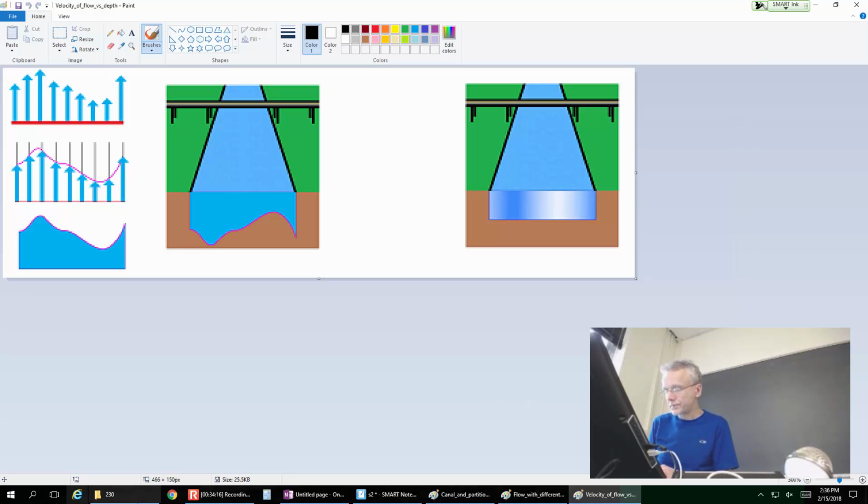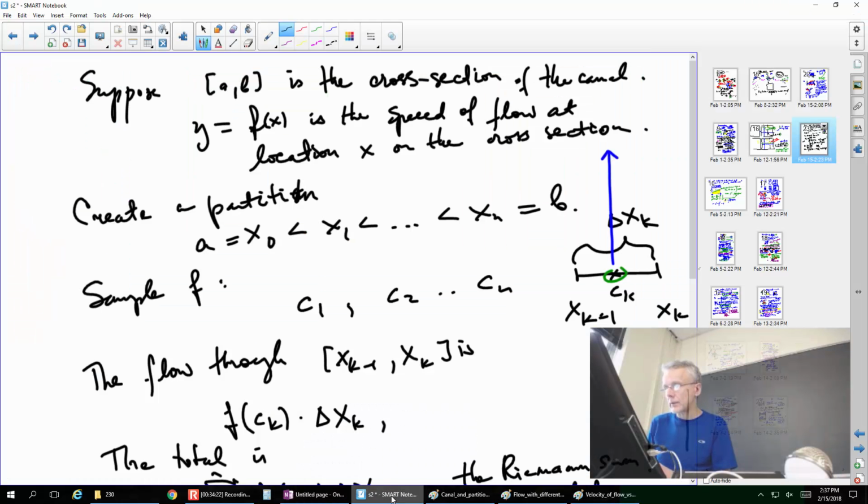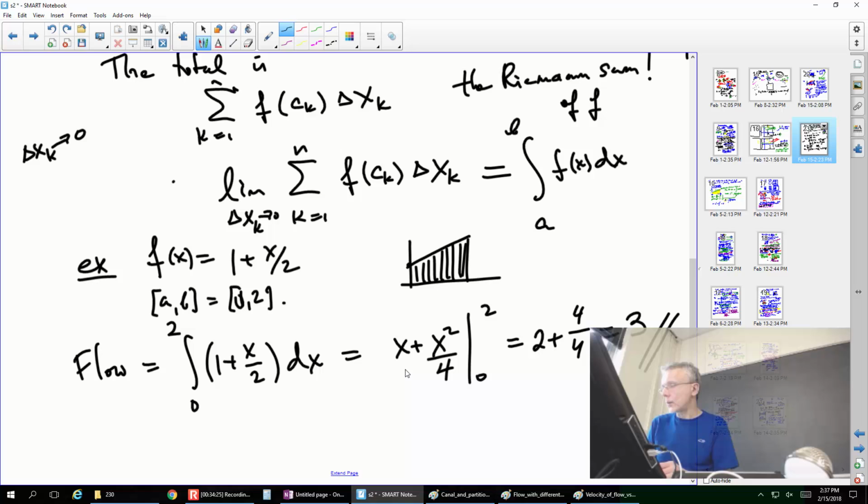Okay, so there are a bunch of interpretations of this stuff, including one more thing: you can think about an actual round pipe, and then the velocity varies in the radial way.